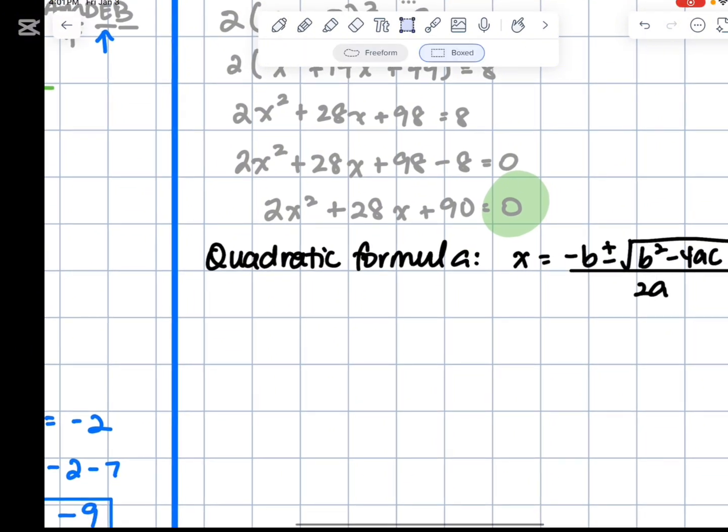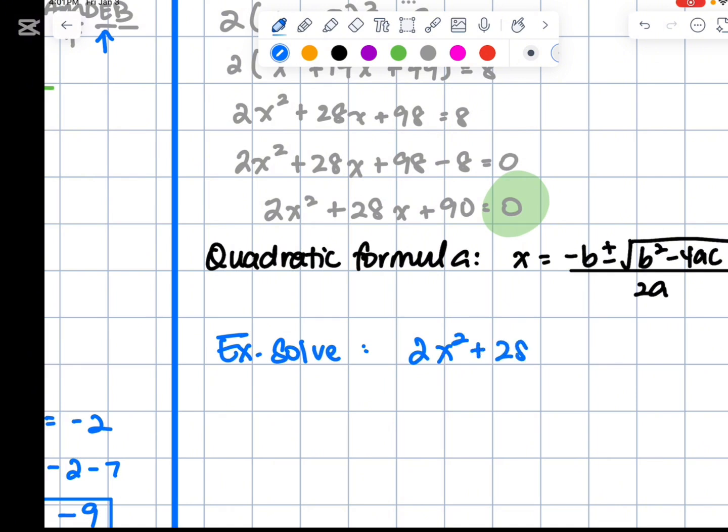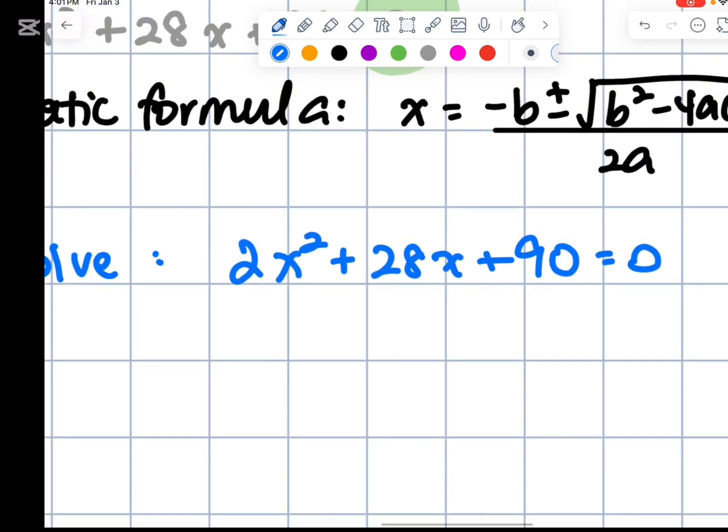So let me take our question again. Let's pretend, maybe I'll write this in blue now, our example was actually solve for x, and this is the question we were given. Okay, so I can go straight into quadratic formula if I'd like. But I'm noticing that all of these numbers are divisible by 2.